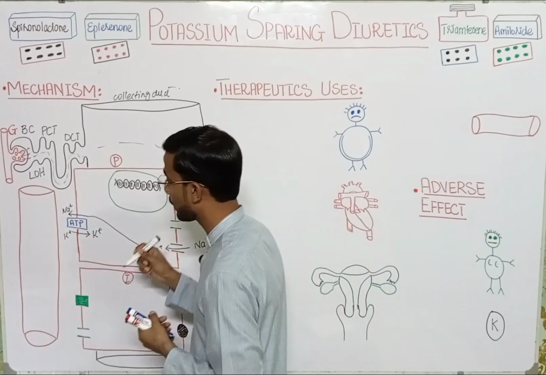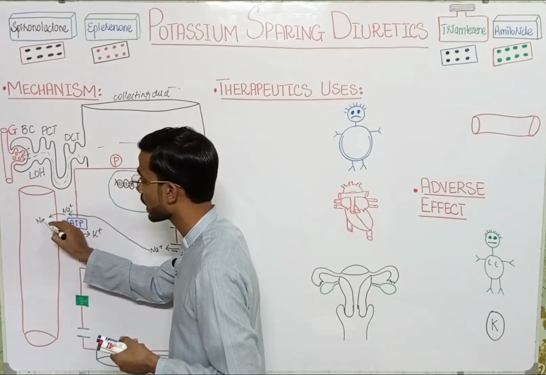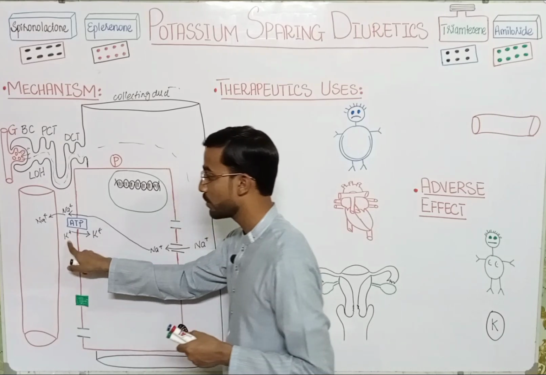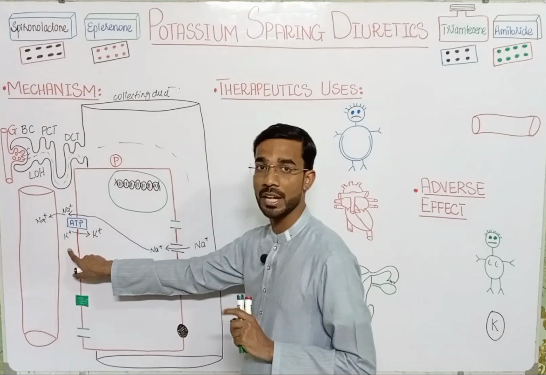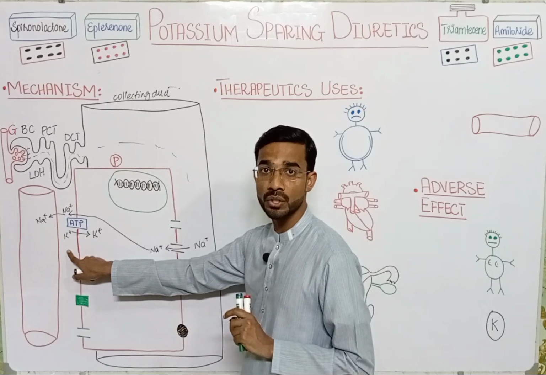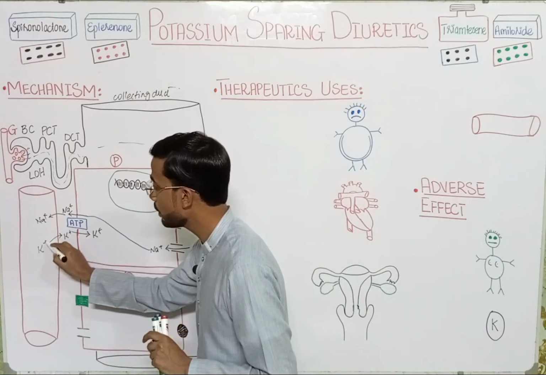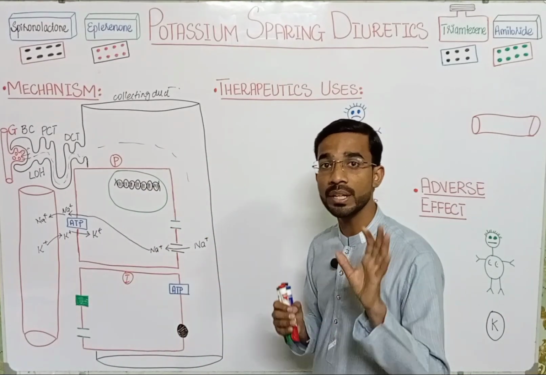Now what will happen? Sodium moves into the blood vessels, and when the potassium moves into the cell, the concentration of potassium in the interstitial space is reduced. Then automatically the potassium will move from the blood vessel into the interstitial space through diffusion.